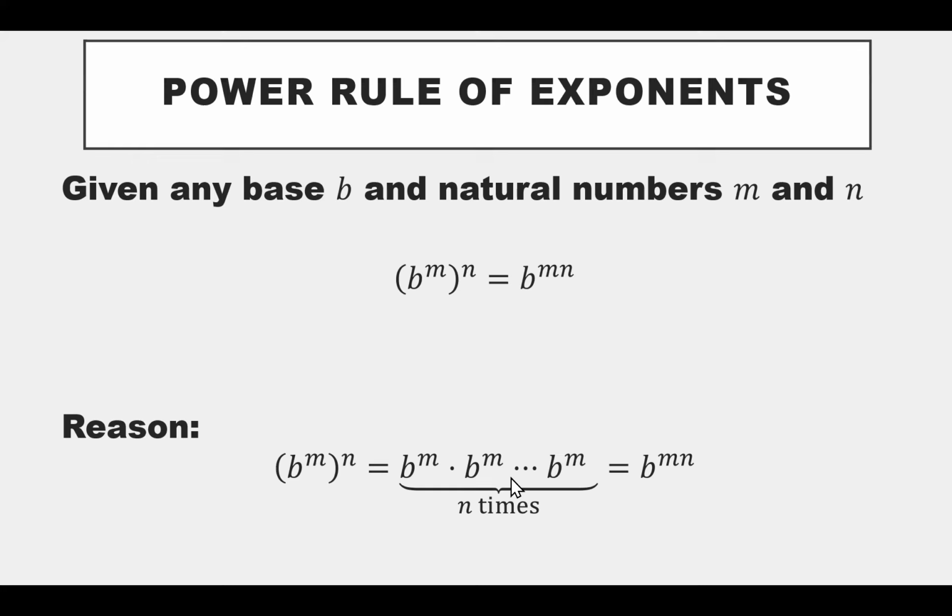If this were 4 copies, I'd get 4 copies of b to the m, which would be 4m in the exponent, and so on and so forth. So based on how exponents have to work, the power rule for exponents has to work this way.